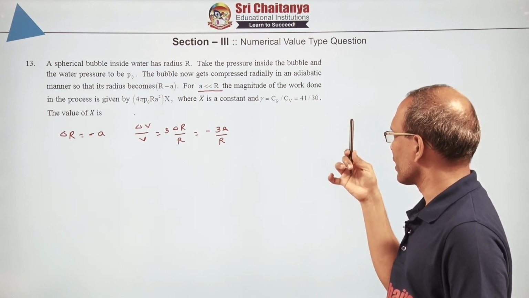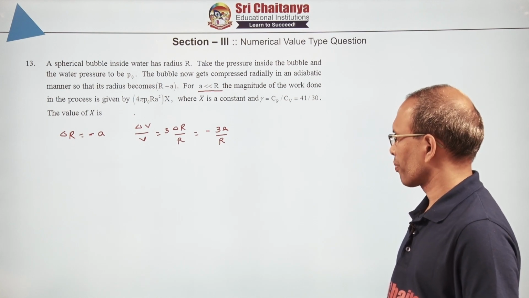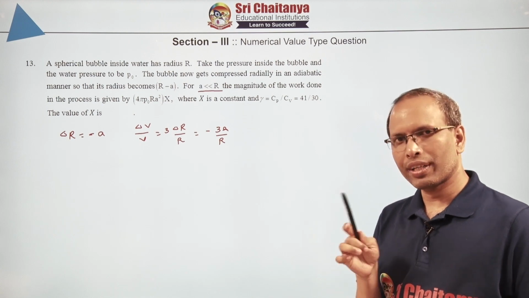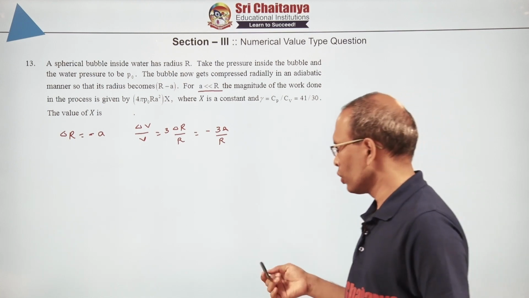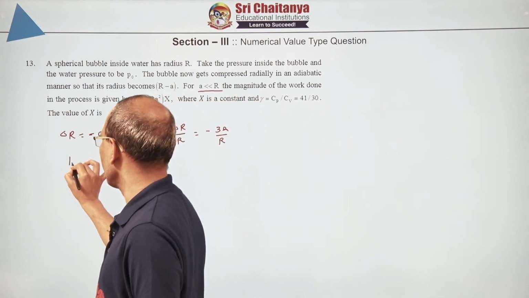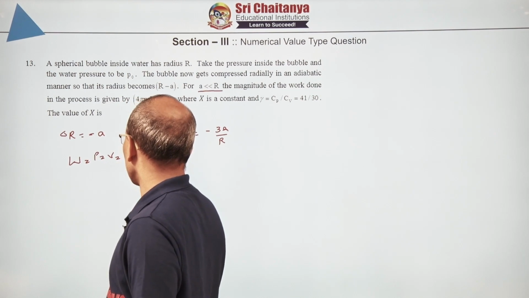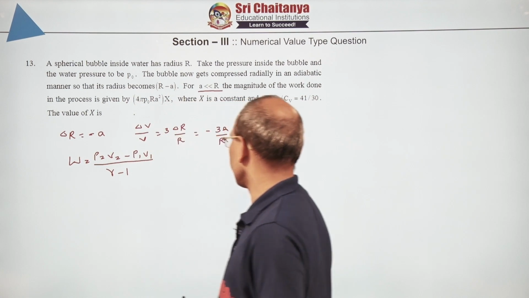Okay. Now this is an adiabatic process. He is asking us to calculate the work done in the process. Work done by whom? By the external agent. So work done by the external agent is nothing but the negative of work done by the gas. So the work done by the external agent will be P2V2 minus P1V1 by gamma minus 1.